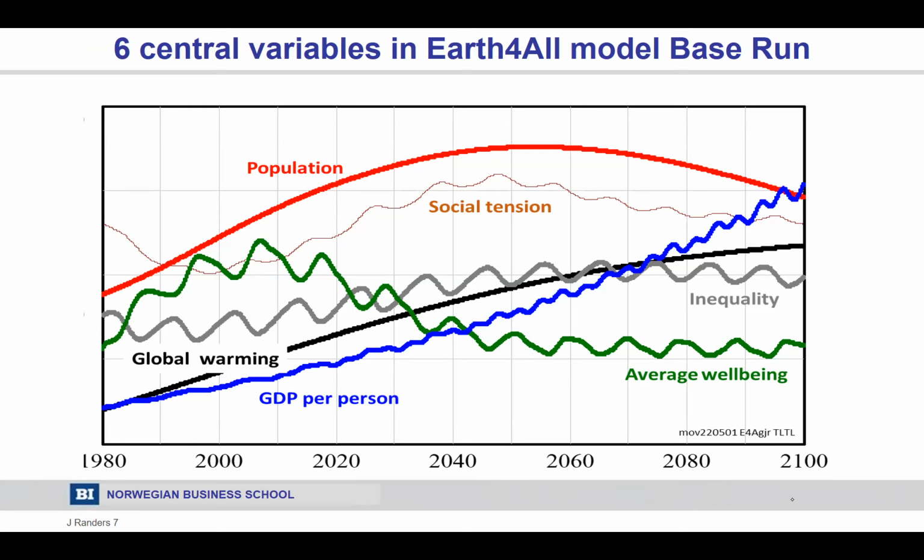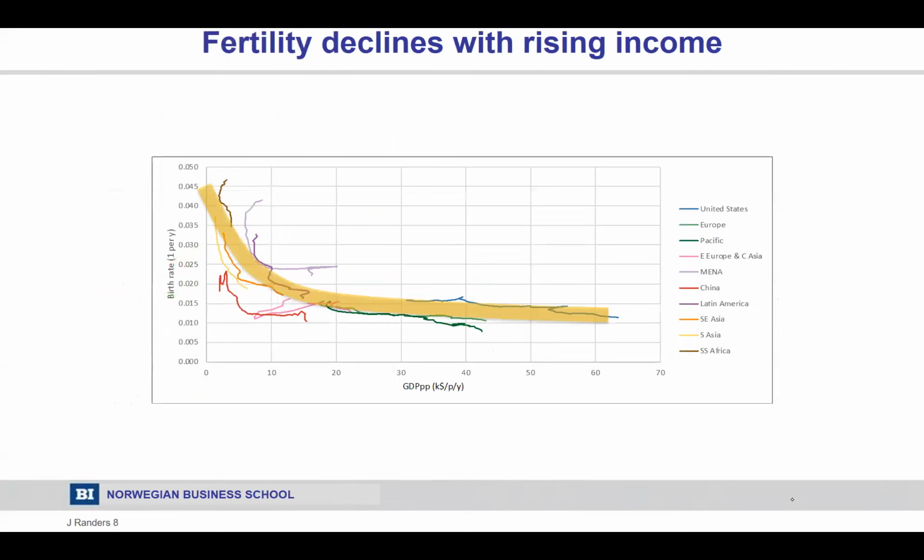And that's in many ways the basis for our forecast. We assume that the human beings of the future are going to behave when they are at different income levels in the same way as they behaved over the last 40 years. And let me show you an example of this.